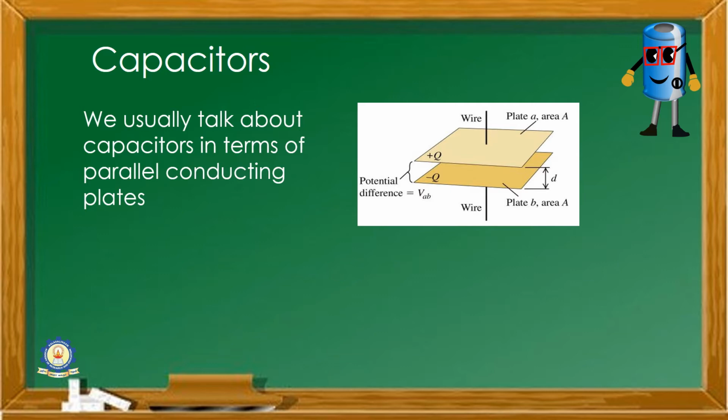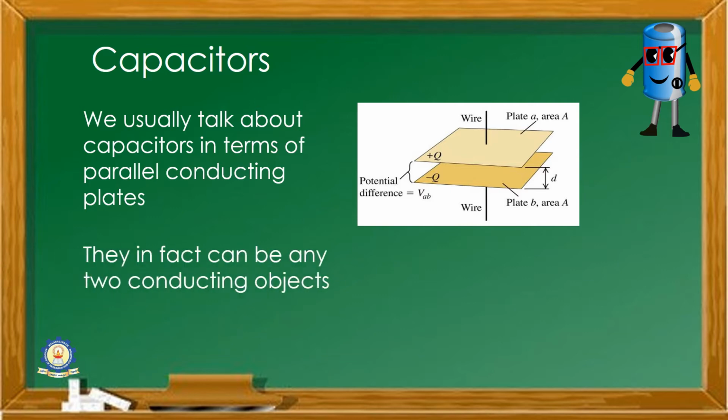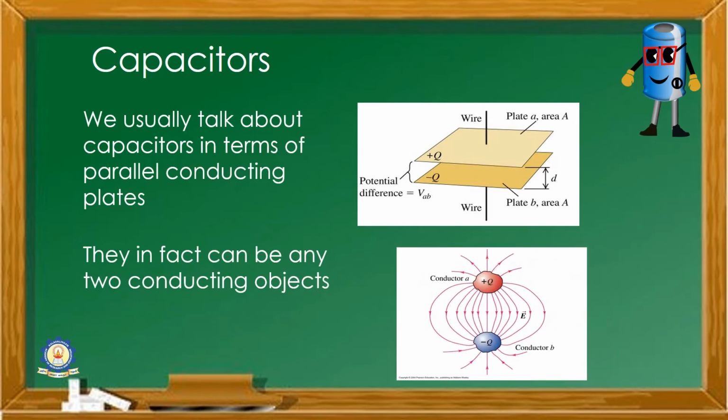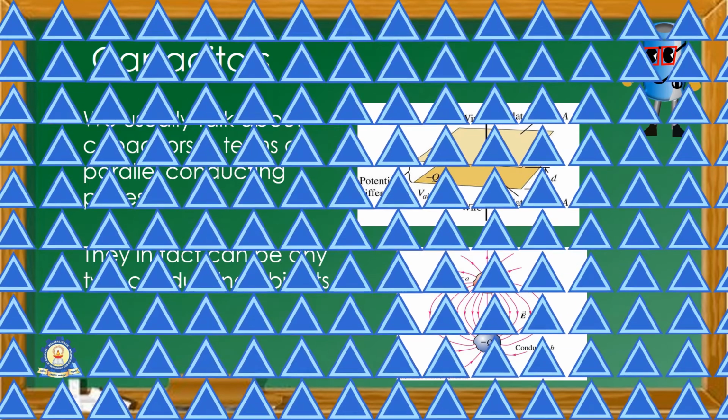Both plates A and B have the same area. They can in fact be any two conducting objects, one carrying a positive Q and the other carrying the negative charge.